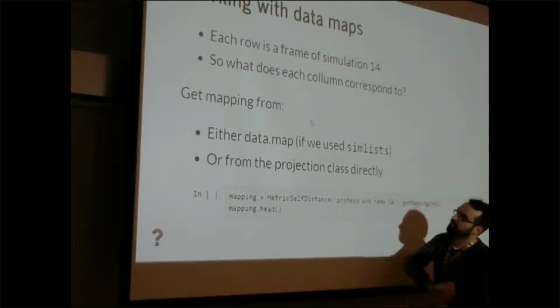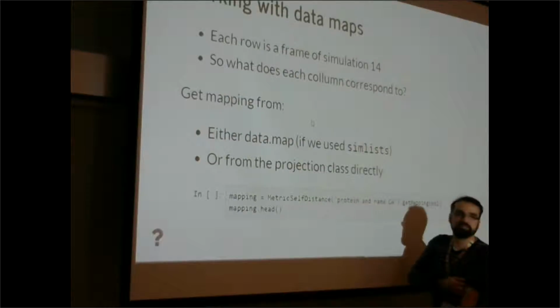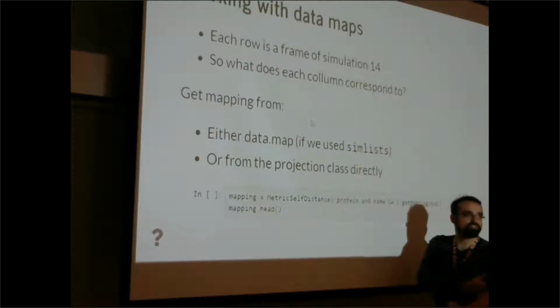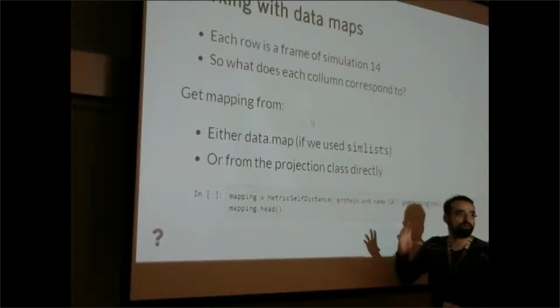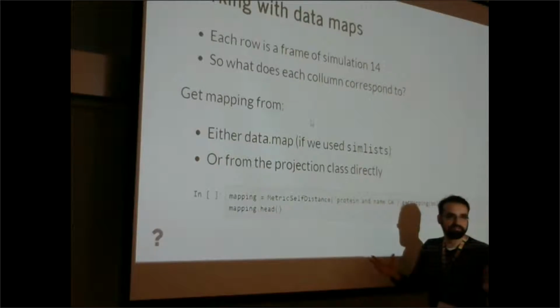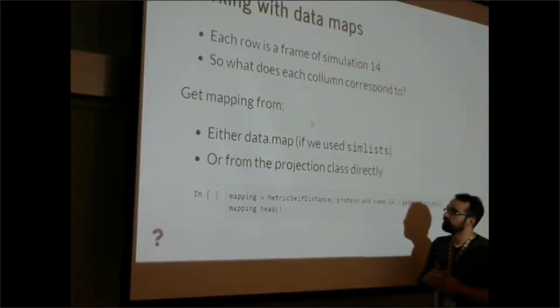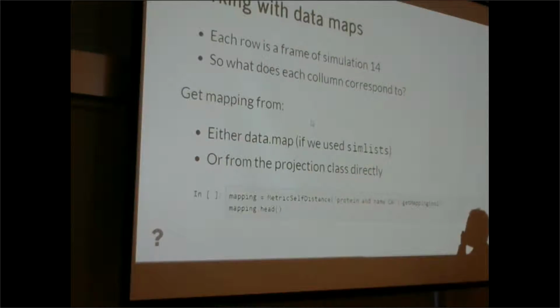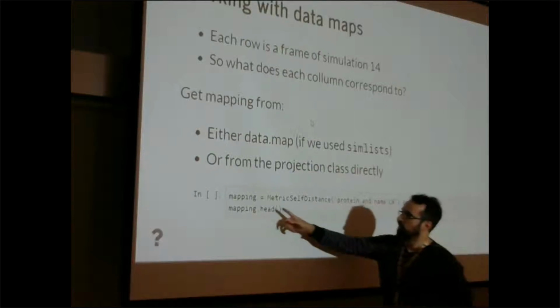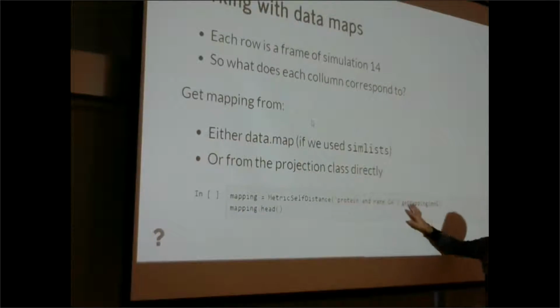Stefan will present them later, the case where you have a simulation list and you can do this on a list of simulations. Here we're doing something simpler, just within a single simulation.